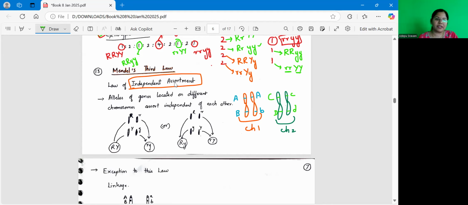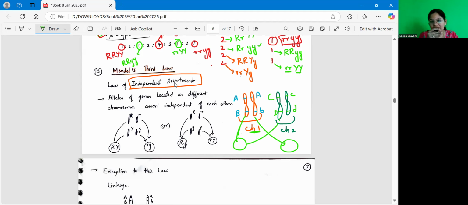Now if this is the condition of the genes, during the gamete formation, what did I say for law of segregation? I said from chromosome number 1, this chromosome will go this side and this chromosome will go this side. And from chromosome number 2, this can go this side and this can go this side or vice versa. Clear?